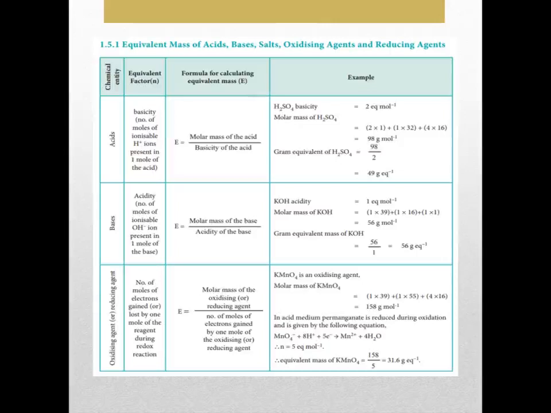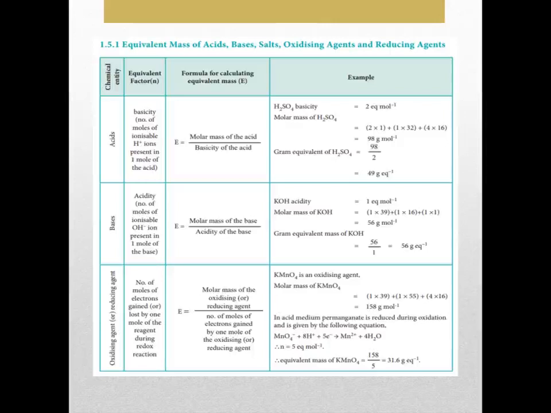For the second example, a base, KOH, the acidity is taken. The hydroxide value is 1, so 1 equivalent mole inverse. Now the molar mass of KOH, potassium hydroxide. First K, whose atomic mass is 39, and there is only one atom.